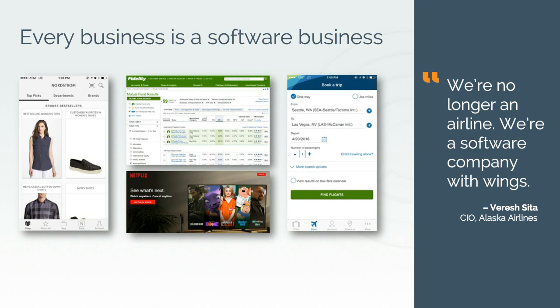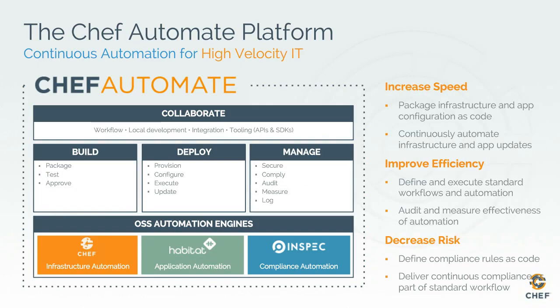And so to enable all of this, our main product at Chef is Chef Automate. Now, most of the market and most of the attendees in this webinar are probably familiar with Chef as the infrastructure automation piece, and we can see it on this slide in the bottom left corner. That's the piece that Chef has been named for, and that's the piece that most of the market is familiar with.